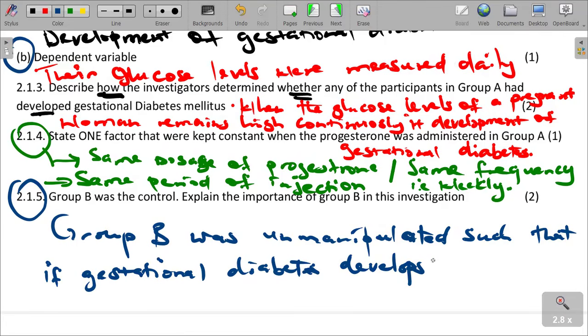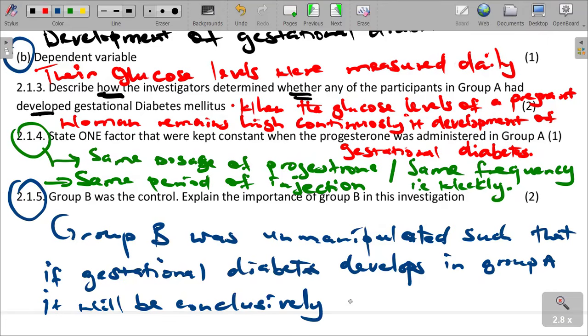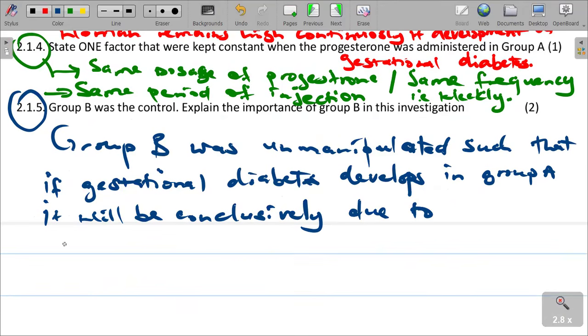It would be conclusively attributed to progesterone treatment.